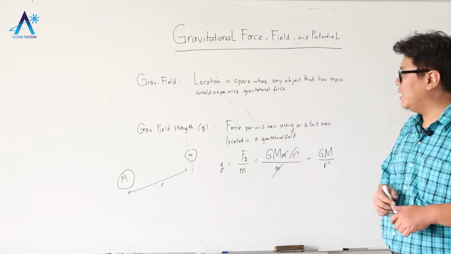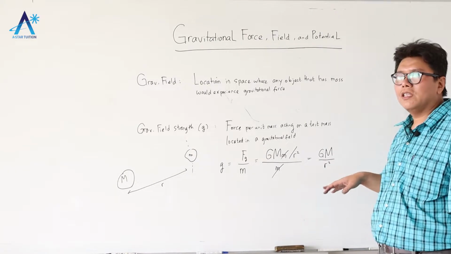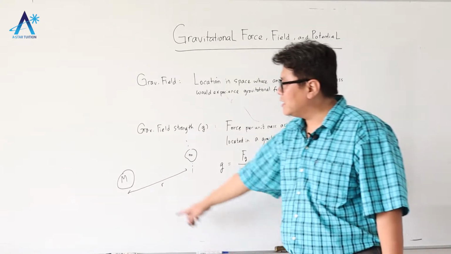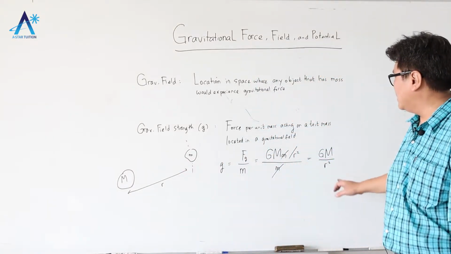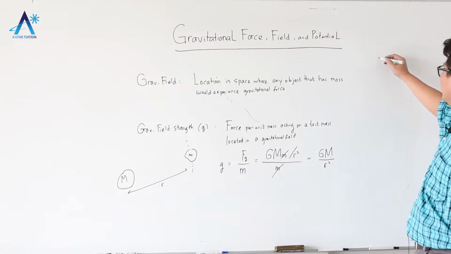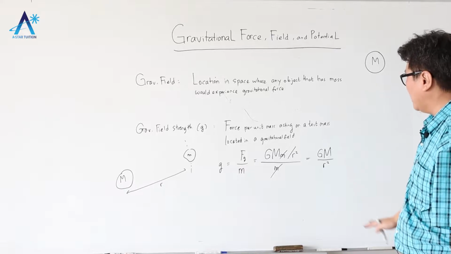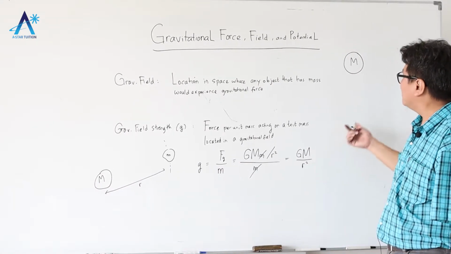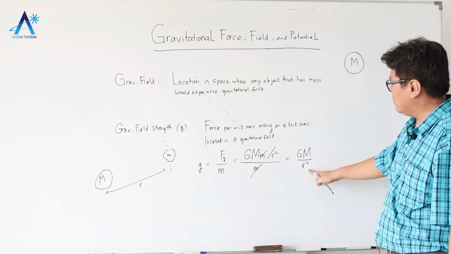So this is the formula for the gravitational field strength produced by this large mass, capital M, at a distance r away from it. In other words, if this is M, it produces a gravitational field strength whose magnitude depends on what the M value is, and it is also inversely proportional to the distance.